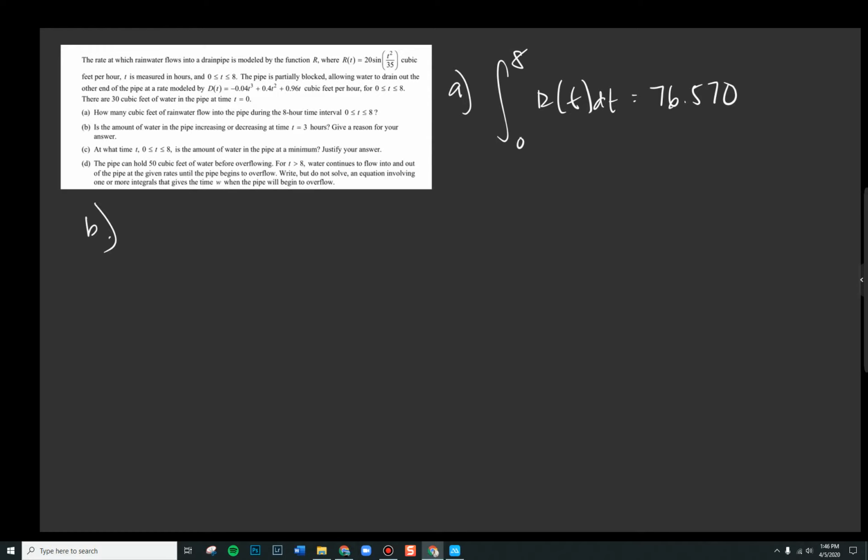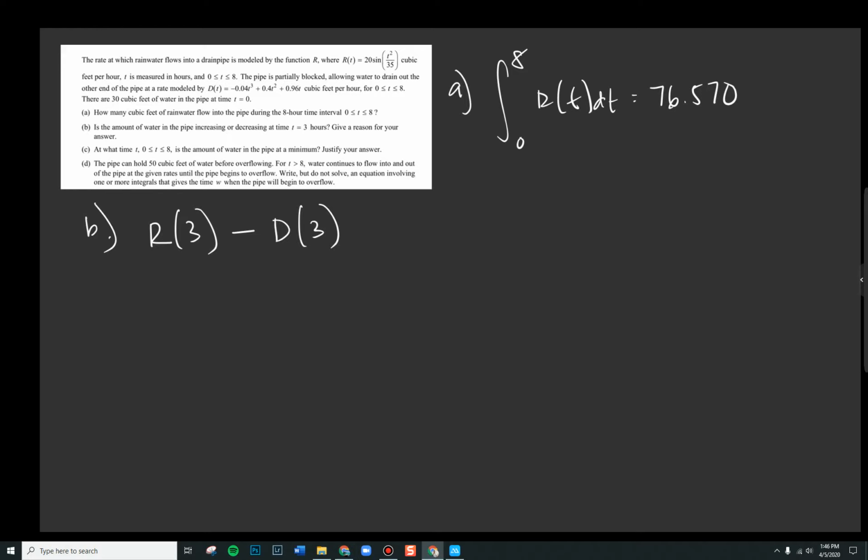On the other hand, if the water going out of the pipe is more than the water going in, then obviously the level of the water in the pipe is decreasing. We can figure that out by finding the rate of the water going into the pipe at my third hour and subtracting that from the rate of the water leaving the pipe.